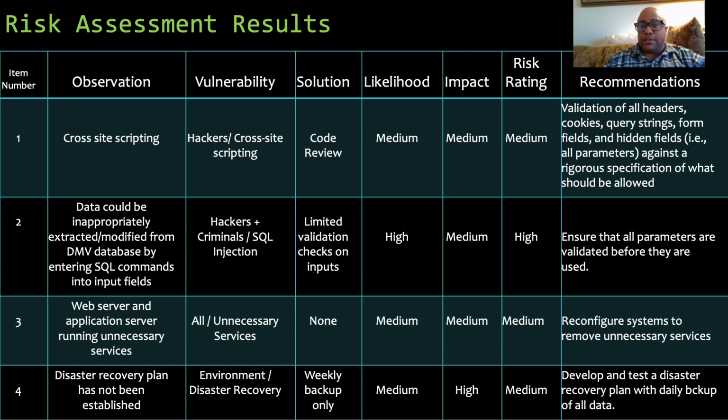Just make sure that there's some validation there against having a specification of what should and shouldn't be allowed. So this will definitely put a great deal of work on the developers and the testers to go back and just make sure that all of that code base has that validation.